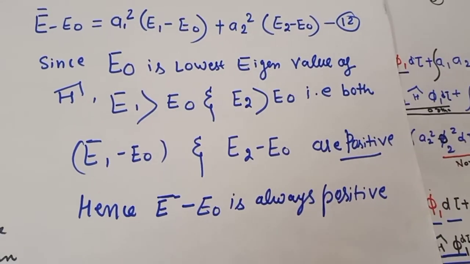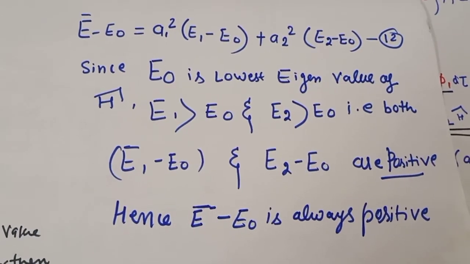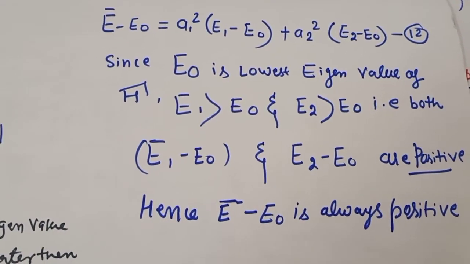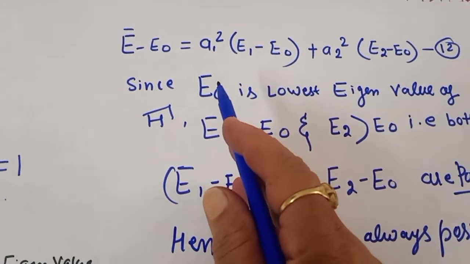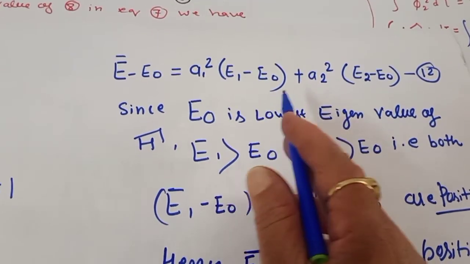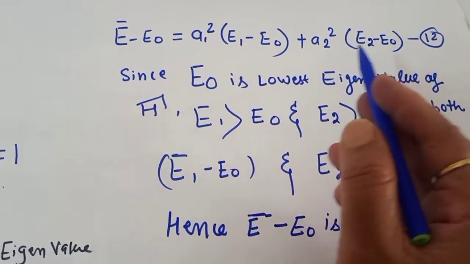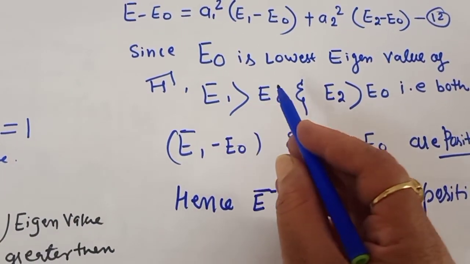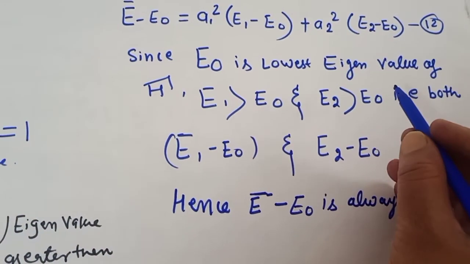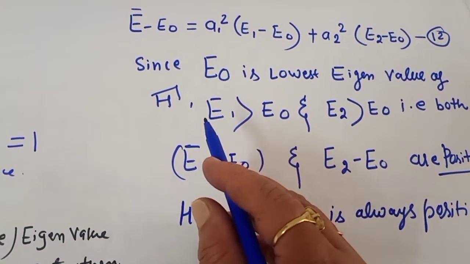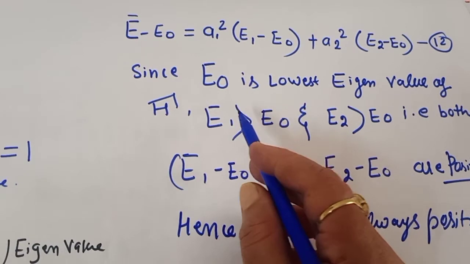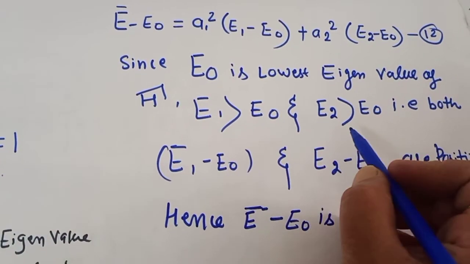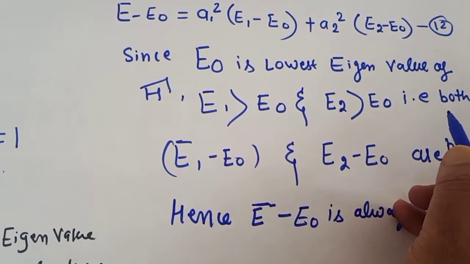If we write the equation in this form, we can see that both terms are positive. The first term is positive and the second term is also positive, since E0 is the lowest eigenvalue energy, so E1 is greater than E0 and E2 is also greater than E0.